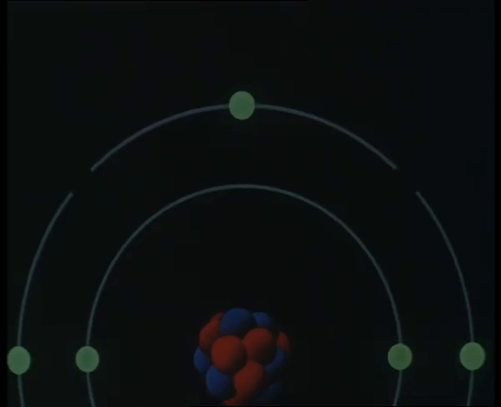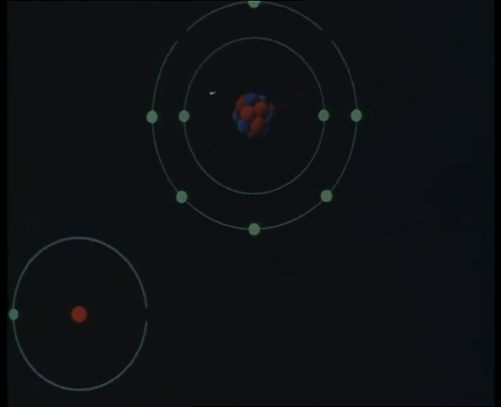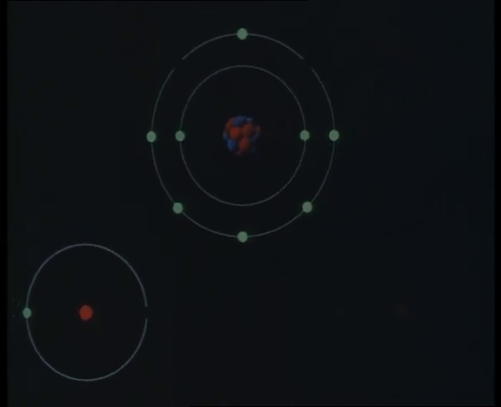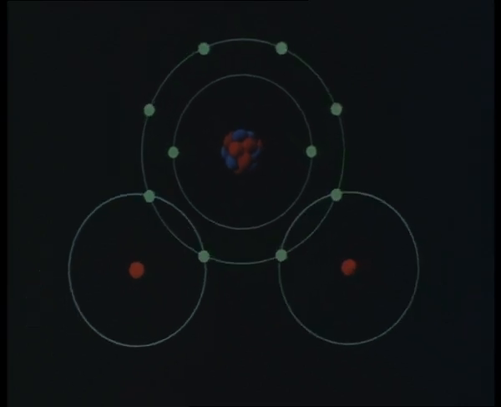When there are vacancies, an atom tends to fill them to become more stable. One way to fill these vacancies is by sharing electrons with other atoms to form a molecule. When 1 oxygen and 2 hydrogen atoms share electrons, water is formed.